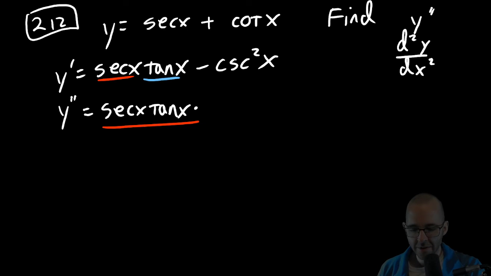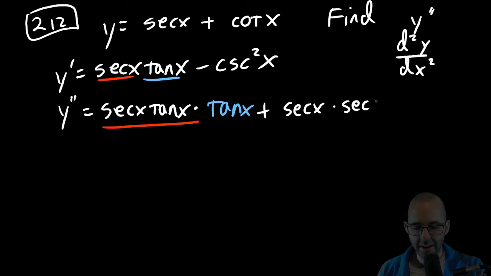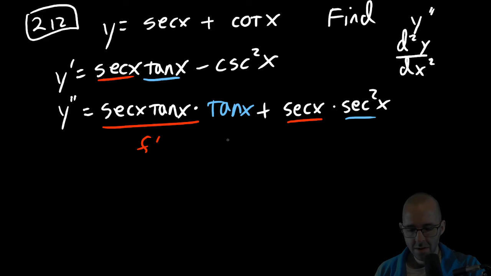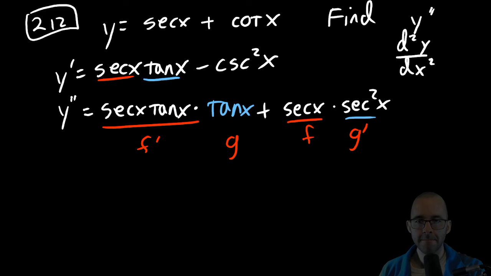Product rule is derivative of the first, which we've done, times the second, plus the first times the derivative of the second. All right, this is f prime g. It's f g prime. And then we're going to have to, again, write this.